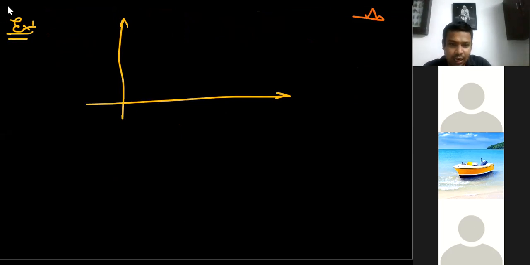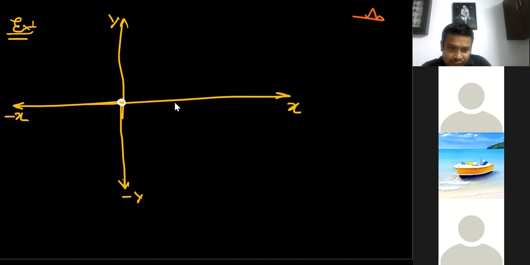This is very easy for you. All 4 vectors are along the xy plane, only the xy plane. This is the x-axis, this is the y-axis, this is the minus y-axis, and this is the minus x-axis. Let us see. The first vector A has magnitude 4 and angle 30 degrees.